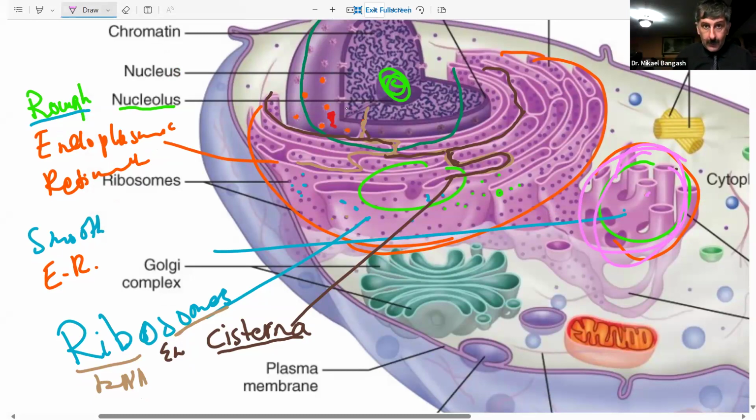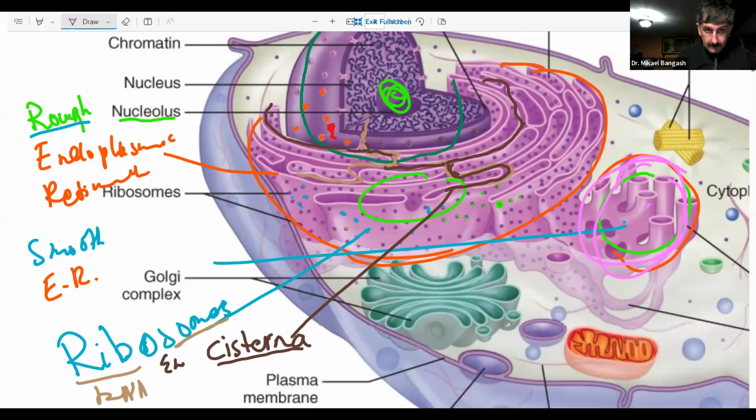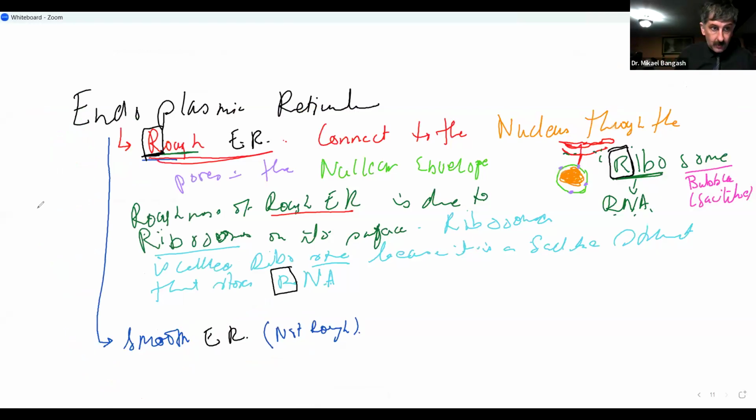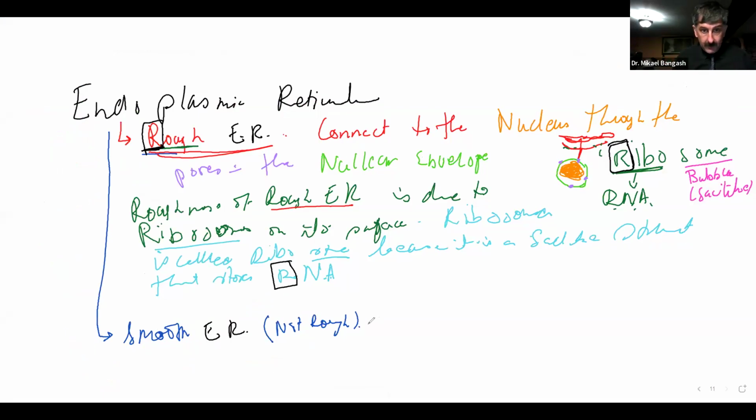And generally speaking, what the smooth endoplasmic reticulum may be responsible for is mainly the synthesis of, no, sorry, not proteins.